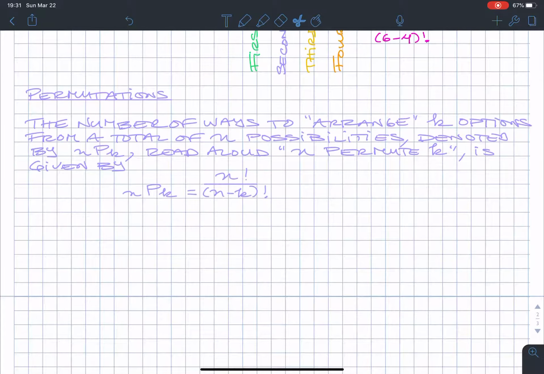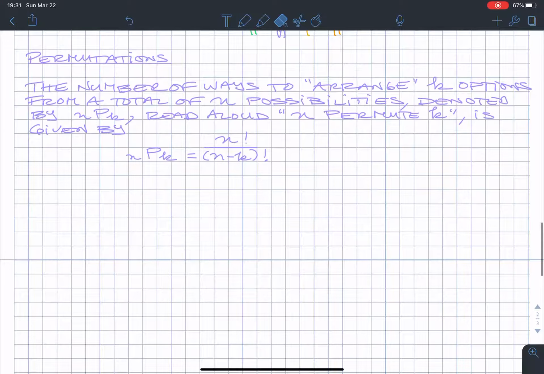So note, there is no replacement with permutations.